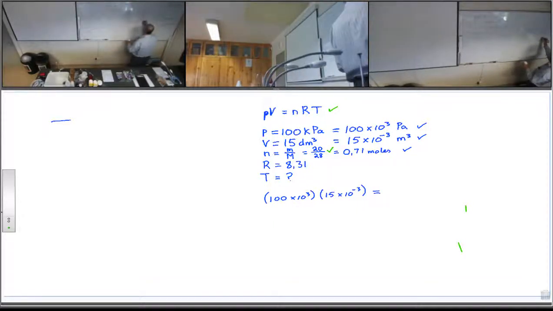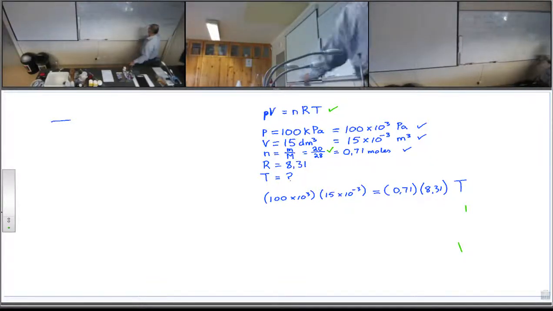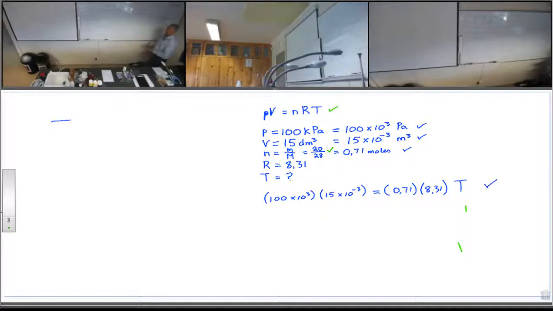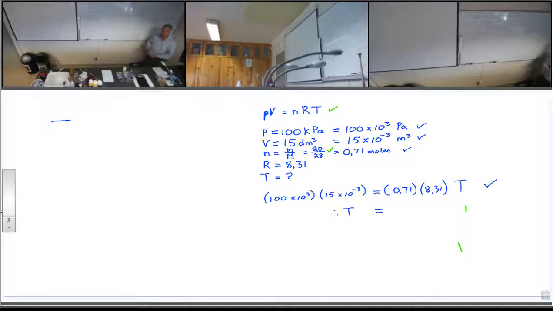Equals N, 0,71, R, 8,31 and T. You'd get another mark for all of this substitution. So how many marks have you got so far? 6. And then you'd get an answer, therefore, T equals, answer please.